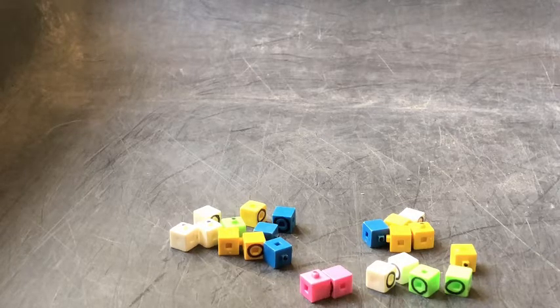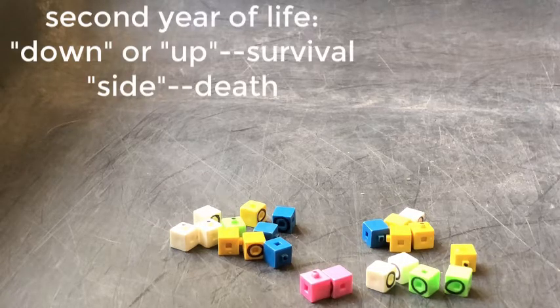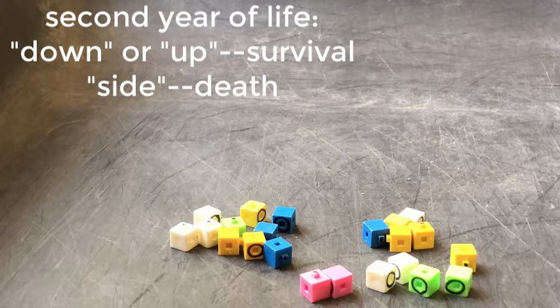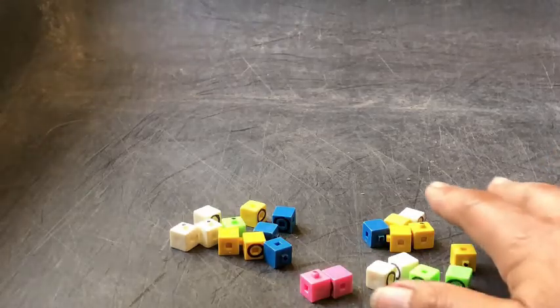Now, in the next year, in the second year of life, in order to survive, you must land either with your button pointing downwards or upwards. So down or up is a survival, and side is going to be dead.